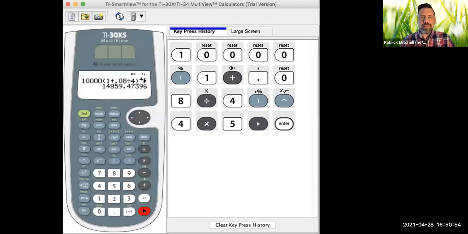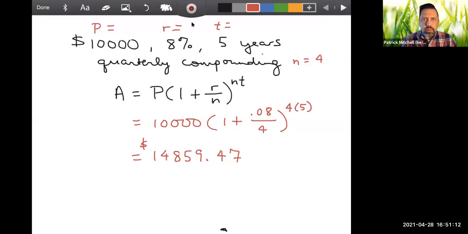All right, so $10,000 invested for 5 years, we end up picking up a little bit more than $4,800 extra dollars from our interest. So I'll just show you that here. All right, and now I think we can switch back to the presentation.